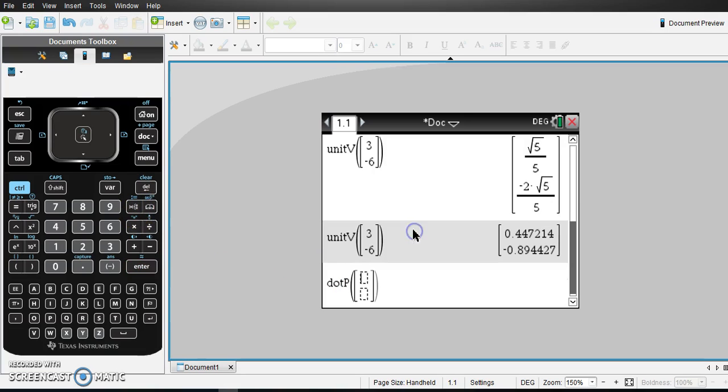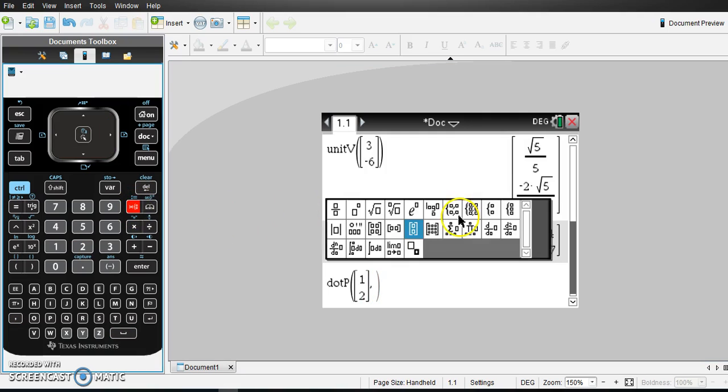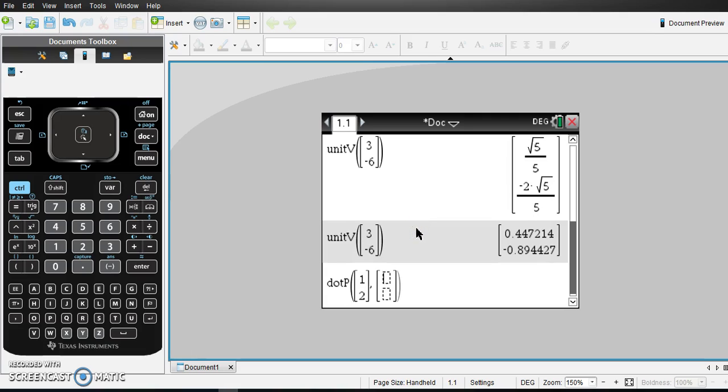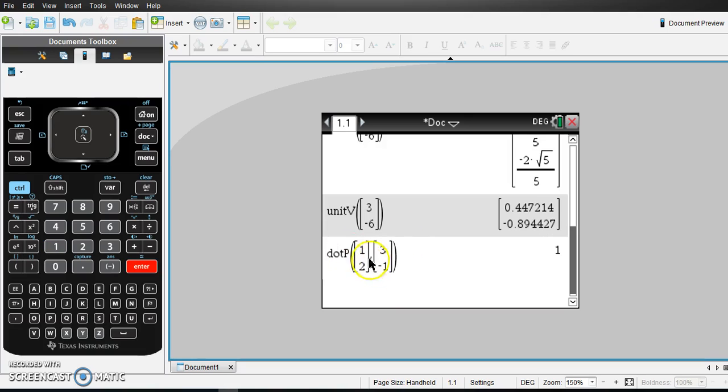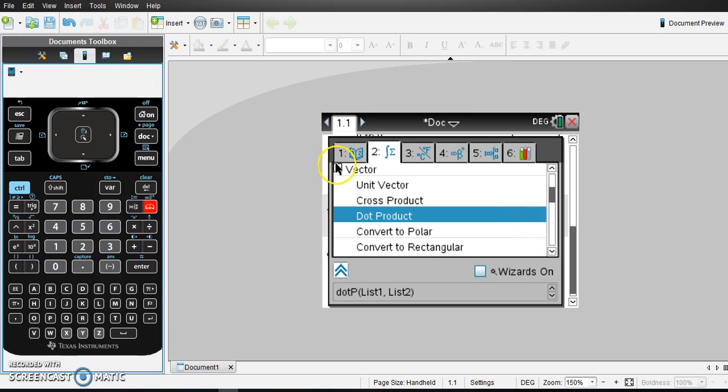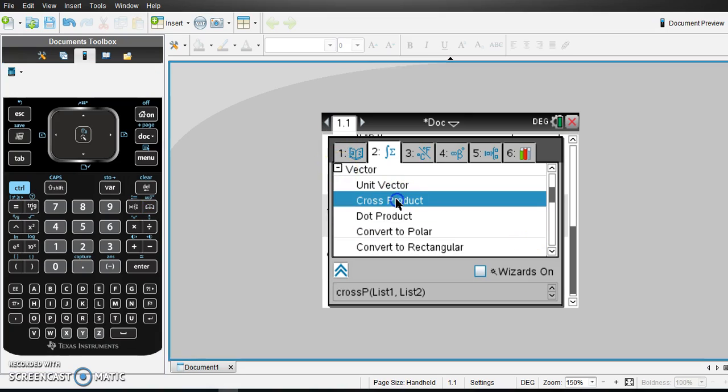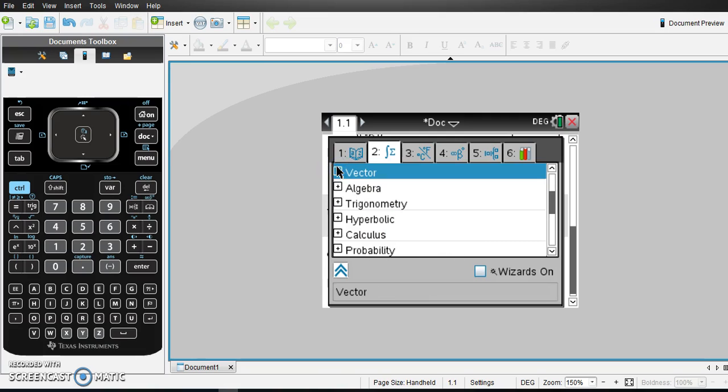I add in a vector with two components, let's say 1, 2, then a comma, then another vector, let's say 3, -1, and I press enter, and the calculator automatically does the dot product of those two vectors for me. So that's all we need for the moment with the vector menu. Later on we'll also introduce the cross product.